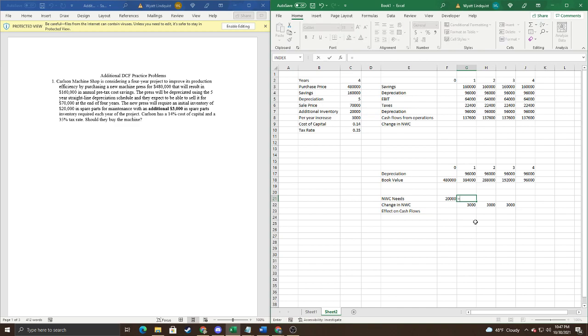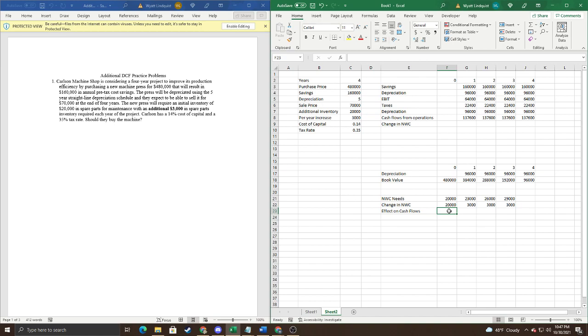So for here, we're going to do this plus this to calculate our new one. We're going to go all the way across. And so essentially that's just the change that's being made in net working capital. And we're also going to, for this one, just do it equals that because it's a change from 0.